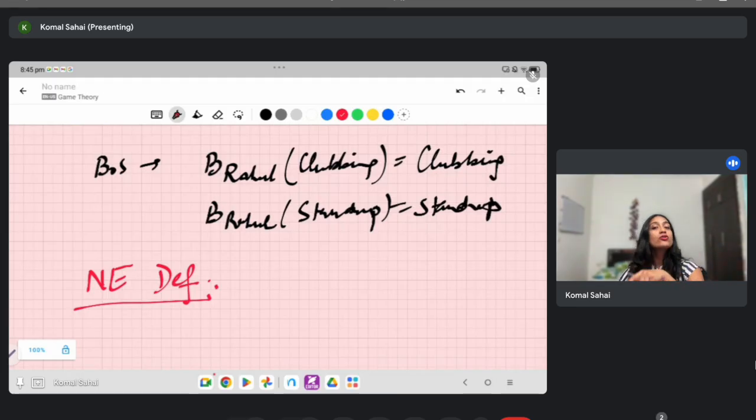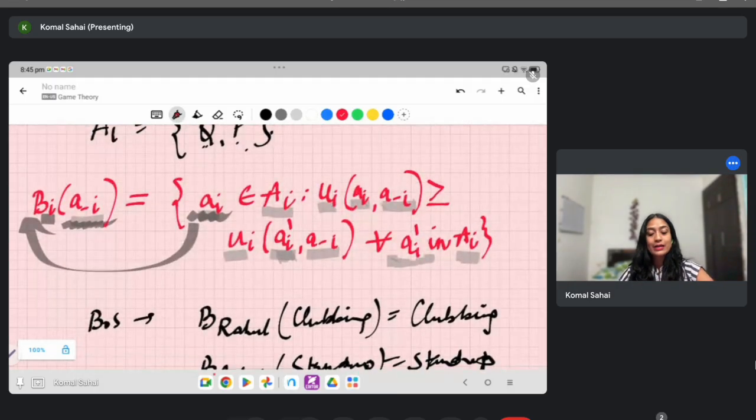And if player I is choosing a response that is not best, that means that there exists any other AI such that which gives a higher payoff, right? अगर ये hold नहीं कर रहा है तो कोई AI prime होगा जो higher payoff दे रहा है, तो higher payoff दे रहा है तो deviation होगा, है ना?